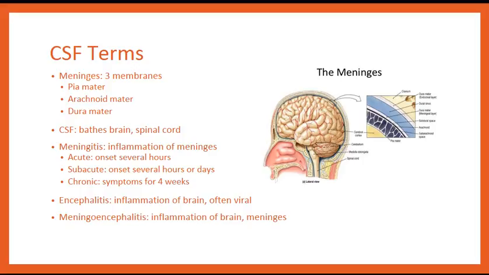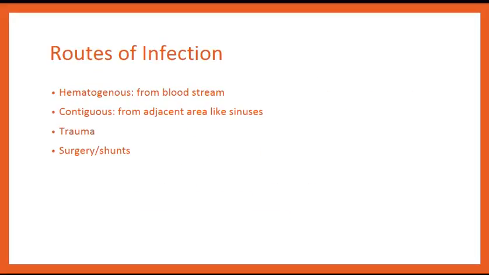Chronic, the symptoms can last for 4 weeks, and it takes even longer than subacute for the symptoms to be severe. Encephalitis is inflammation of the brain. Usually the organism is a virus that causes encephalitis. Meningoencephalitis is the inflammation of the brain and the meninges.